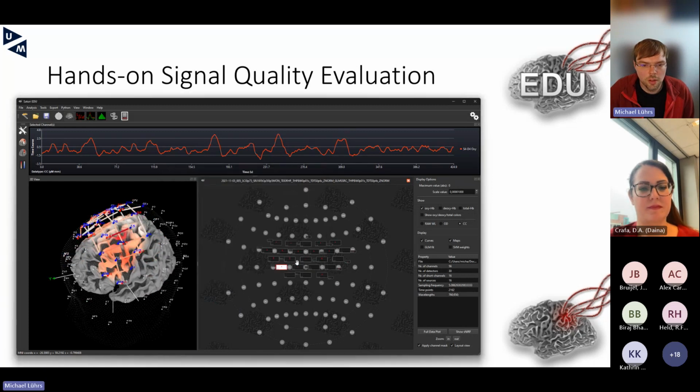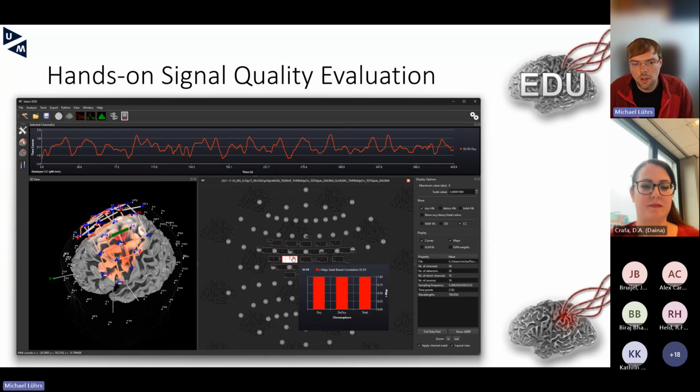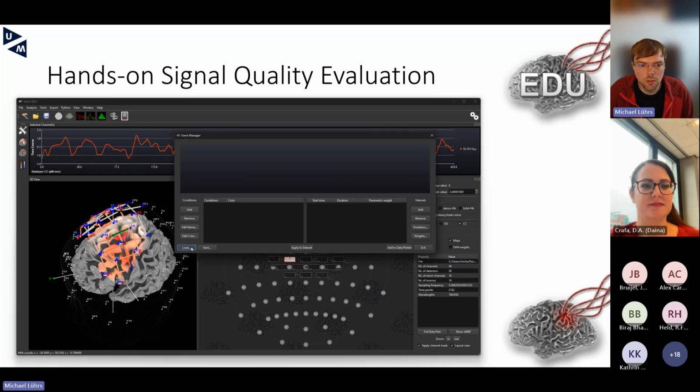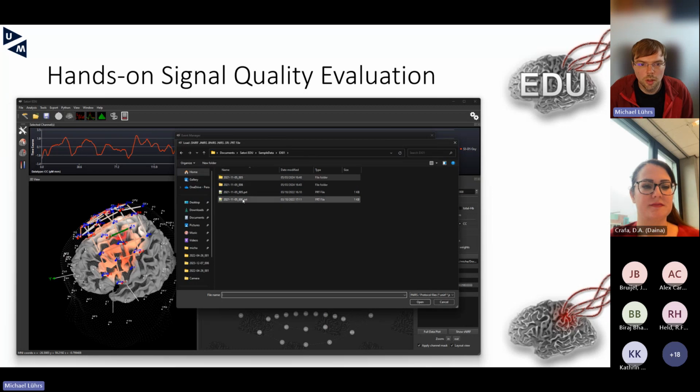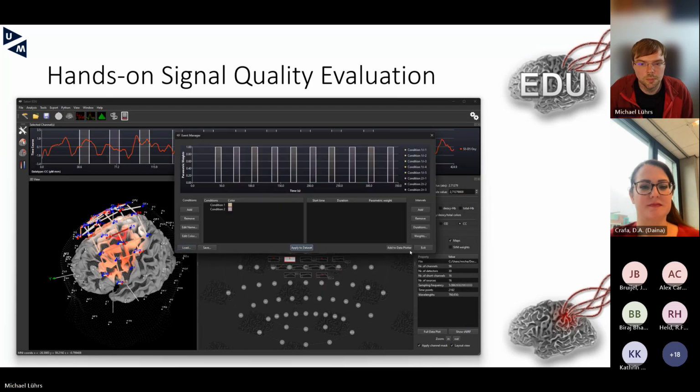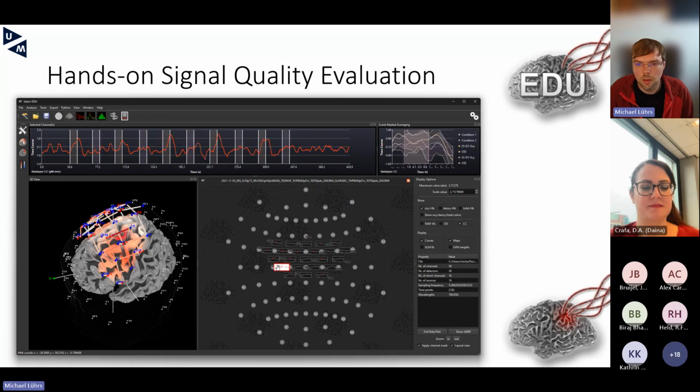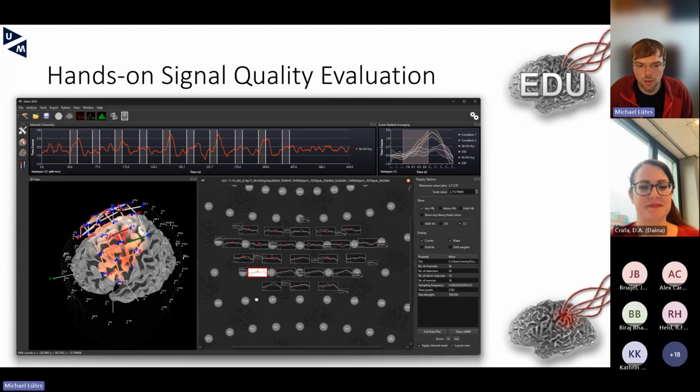So this is also signal quality in the sense of completely data driven in this case. So I didn't load any paradigm. Of course, just to make it a bit easier to look at it, I just load the data to it. So here you can see now that we have a clear, nice hemodynamic response that we generated based on the short channel correction.